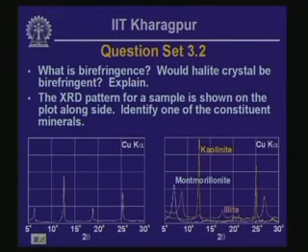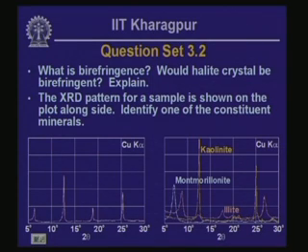Birefringence is an optical characteristic by which there is a double refraction of a waveform of electromagnetic waves that tries to cross a mineral crystal. The second part of the first question was whether you would expect a halide crystal to be birefringent.